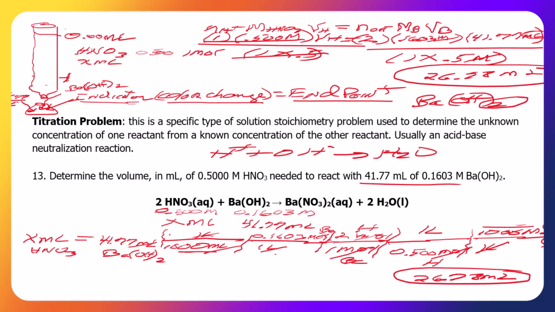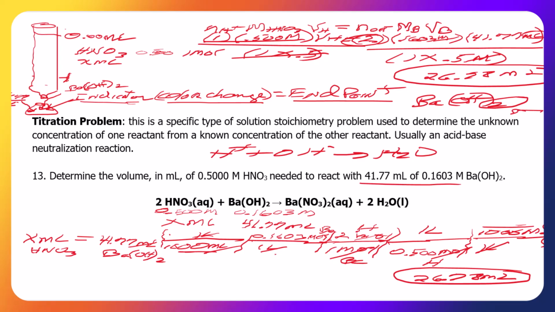I don't care. I will tell you that the confusion is that people confuse the mole-to-mole ratio with the 2 and the 1 that you see here. The reason the 2 is here next to the barium hydroxide is because every barium hydroxide has 2 hydroxide ions.